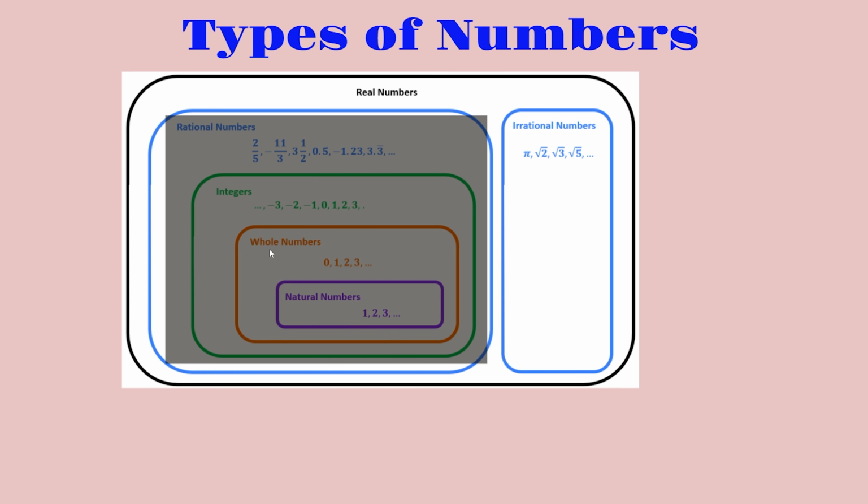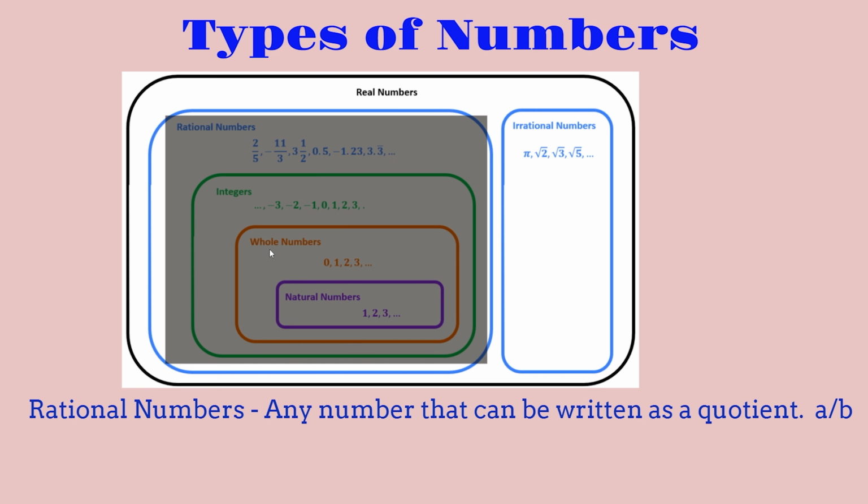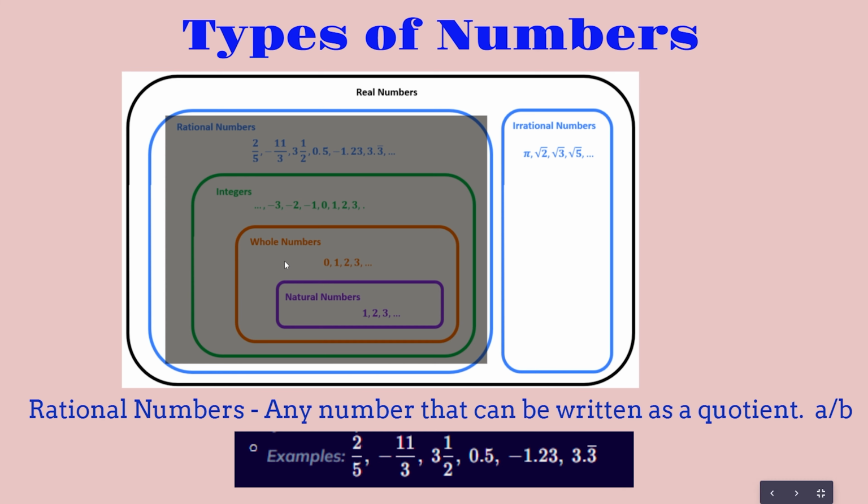Finally, the whole box, which is called rational numbers, is basically any number that can be written as a quotient, which is a over b. These are some different examples of it: 2 over 5, minus 11 over 3, 3 1/2, 0.5, minus 1.23, and 3.3 repeating. The one thing about rational numbers is that they have to be repeating or terminating.